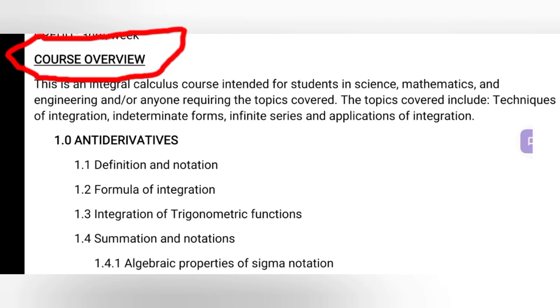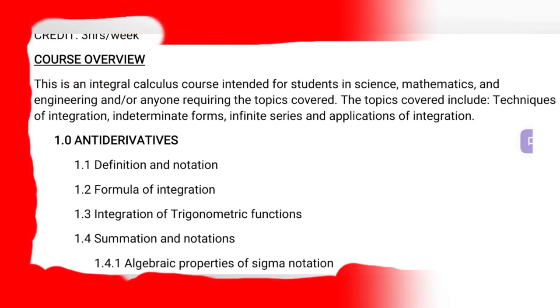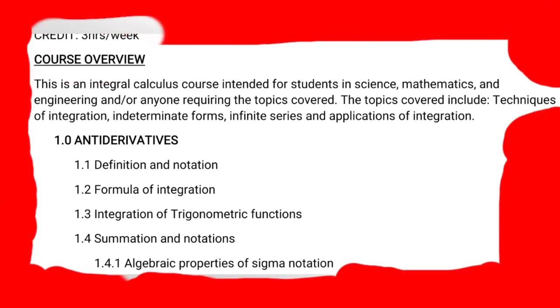Course overview: this is an integral calculus course intended for students in science, mathematics, and engineering, and anyone requiring the topics covered. The topics covered include techniques of integration, indeterminate forms, infinite series, and application of integration.